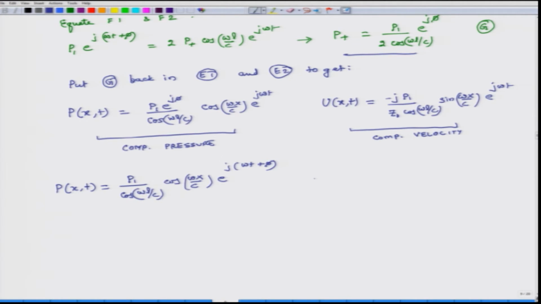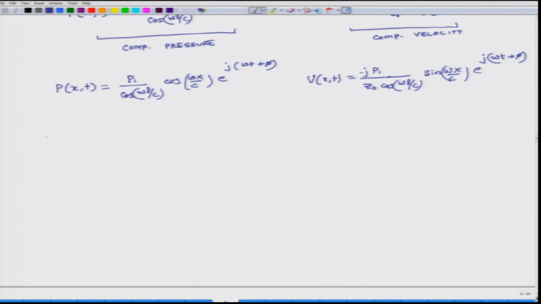And my complex velocity is u of x, t equal to P1 minus j over, oh, so I missed e^(jφ) here. So, z0 cos(ωL/c) sin(ωx/c) e^(j(ωt+φ)).